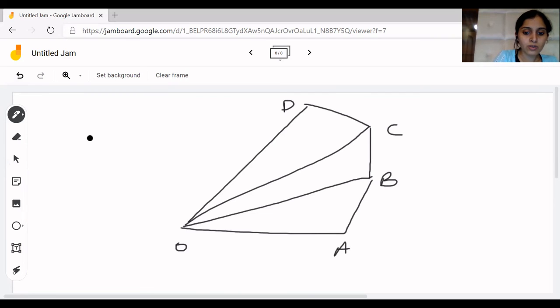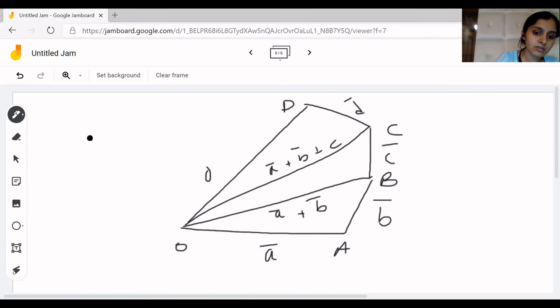Now OA is A bar, AB is B bar. What is OB bar? It will be A bar plus B bar by triangle law of addition. Let's say if BC is C bar, then what is OC bar? Again by triangle law of addition, A bar plus B bar plus C bar. We'll call this as D bar. Then OD bar is A bar plus B bar plus C bar plus D bar.